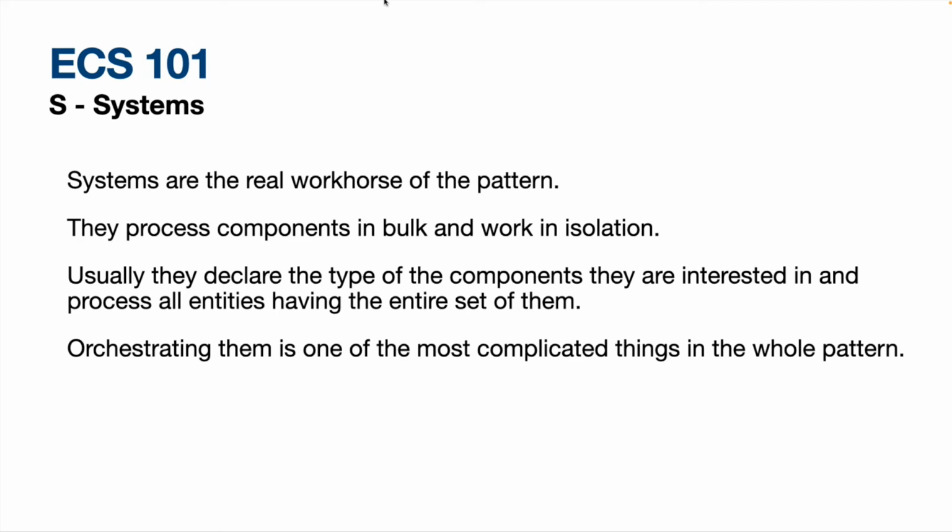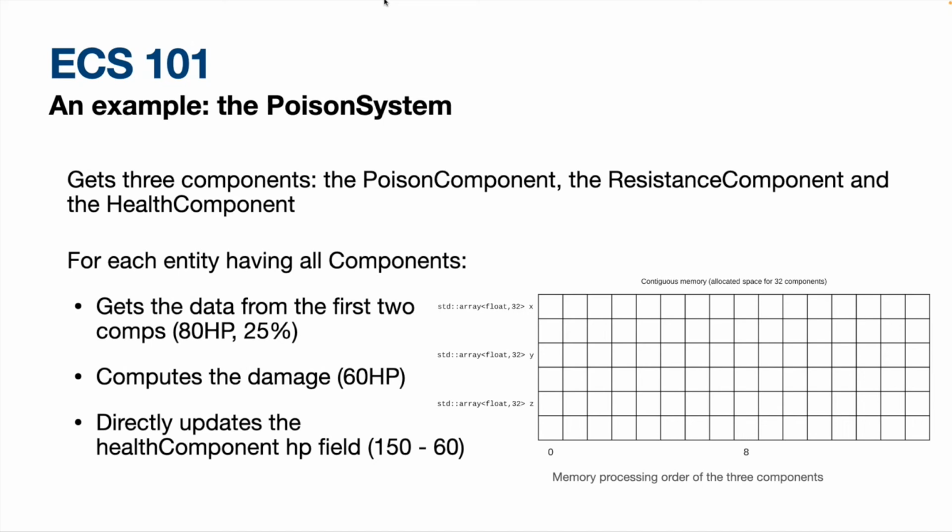Sometimes it makes sense that the movement comes first before the update alpha system. You step on a burning tile. Those are very trivial examples. And to look at how they work all together, suppose that we have a very simple system, the poison update system.